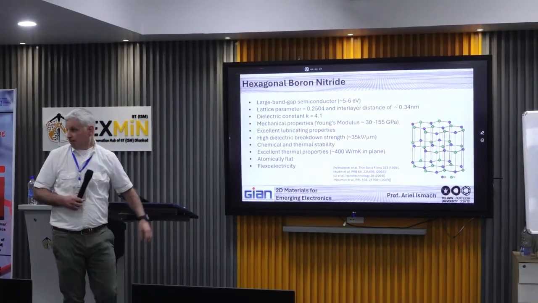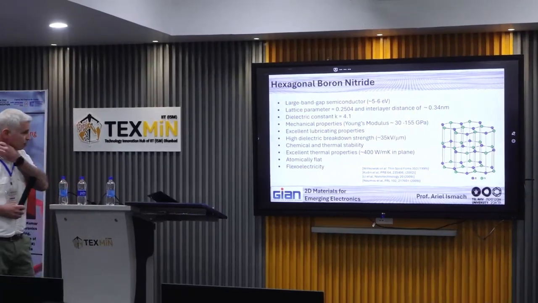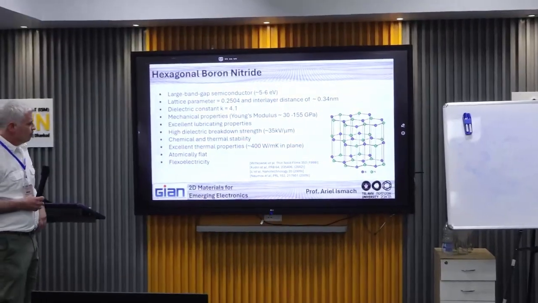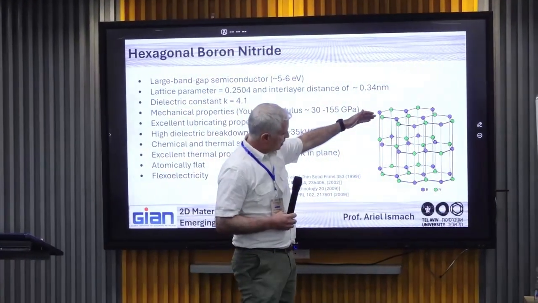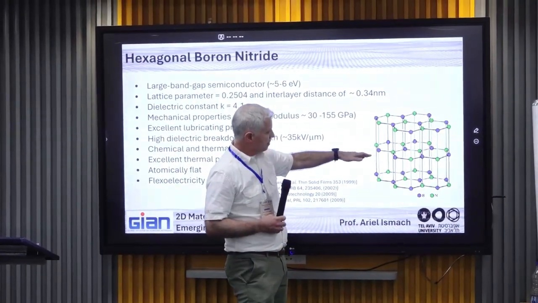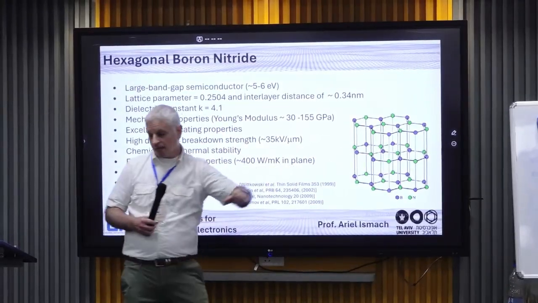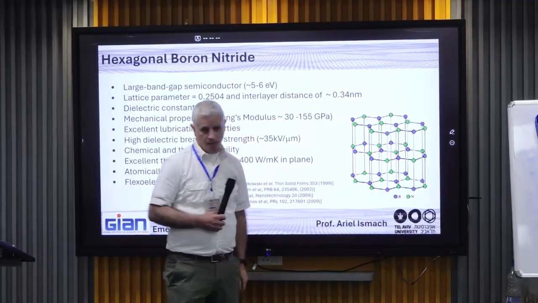So hexagonal boron nitride, if you remember, has a crystal structure very similar to graphene and graphite. The only difference, in the few layers, is that it has an A prime stacking instead of the AB stacking, with one atom on top of the other one.